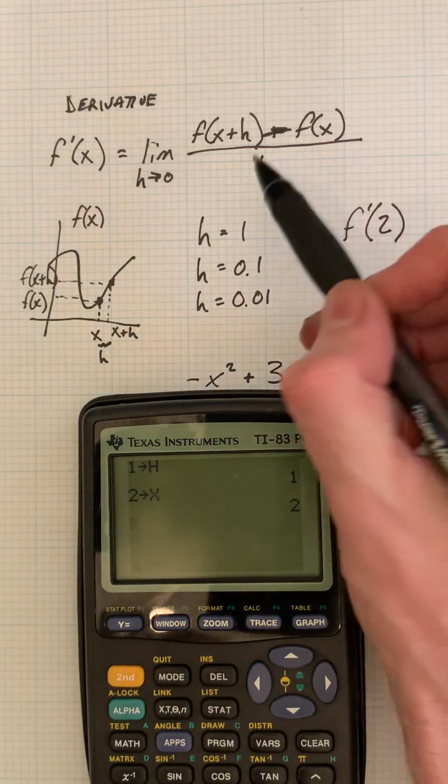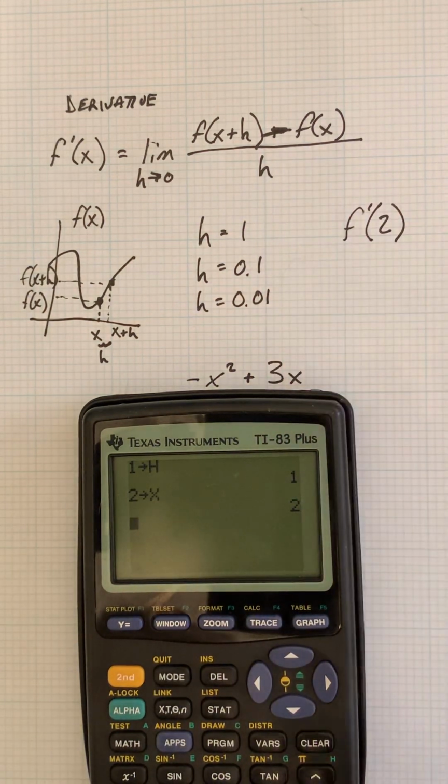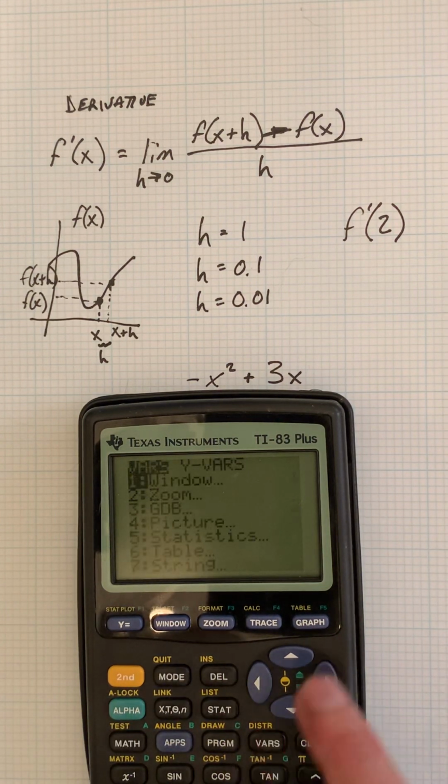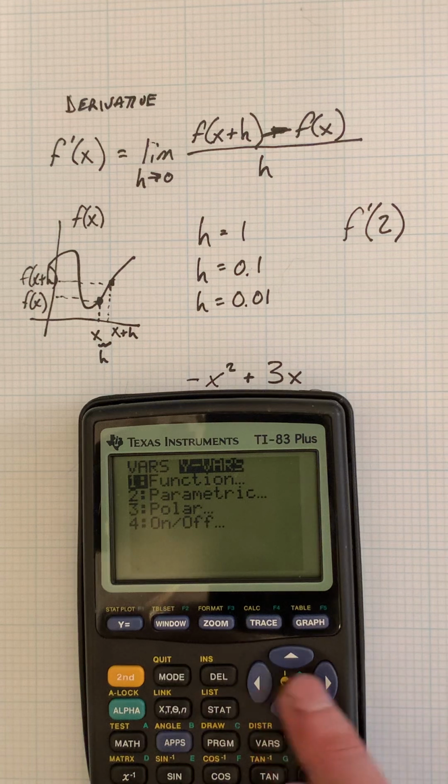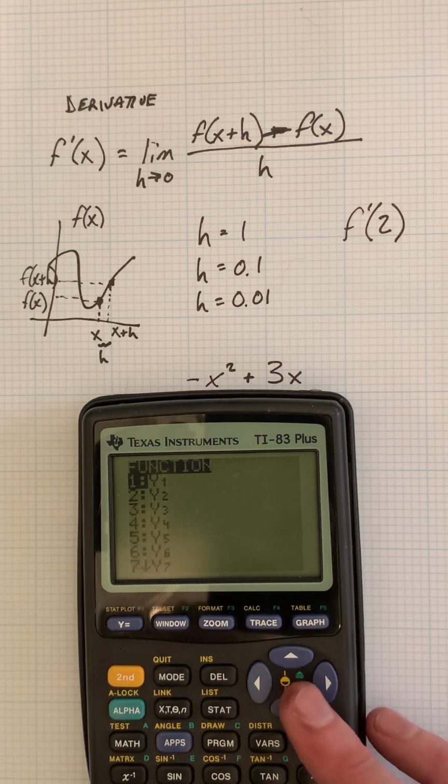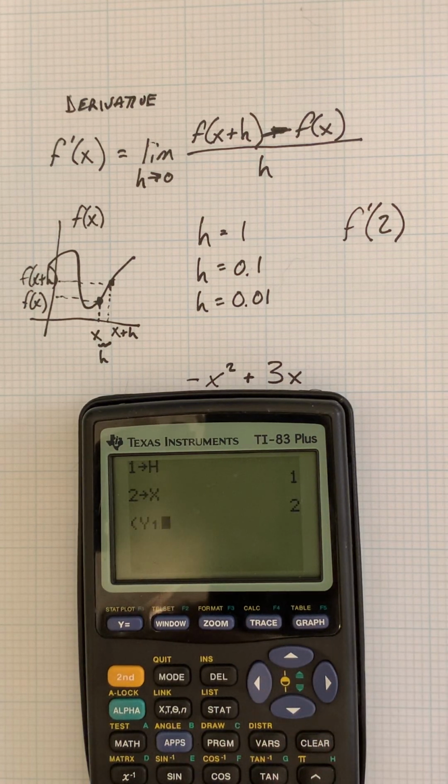So let's write this out this way. I'm going to put an open parentheses, go variables, y variables, function, to get my y1.